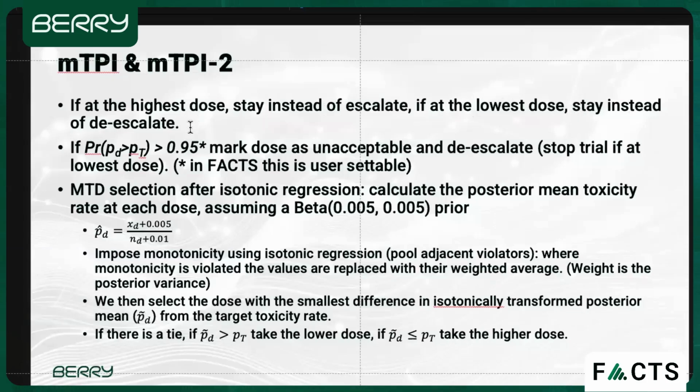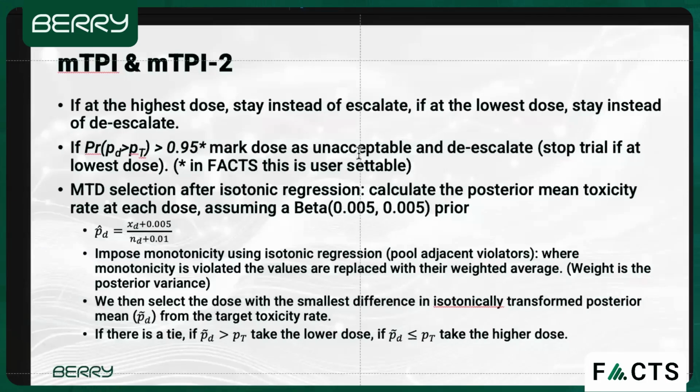I mean, that's perhaps interesting that they don't say if you want to de-escalate and there's nowhere to go, you stop. In fact, there's a second rule for stopping, which is that using the probability from the beta binomial, if the probability that the toxicity rate of that dose is above the target rate exceeds some threshold, say 0.95, that's the default, then that dose becomes marked as unacceptable.